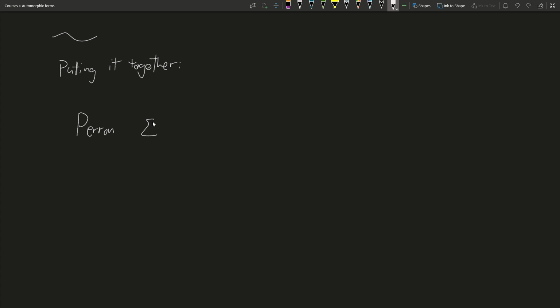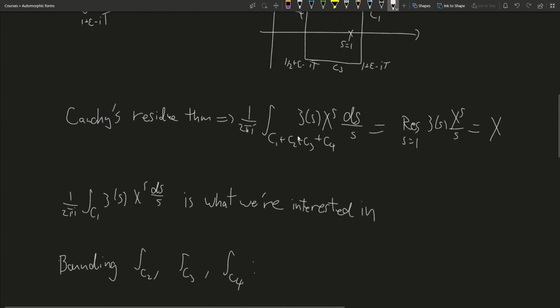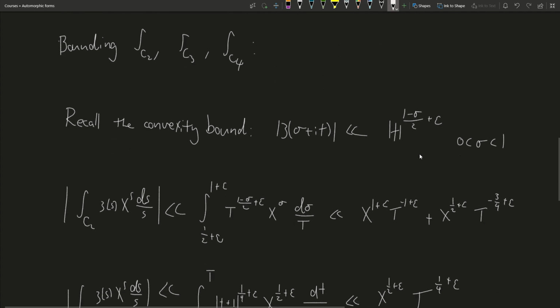The thing we're interested in, the sum over n less than x of 1, was equal to 1 over 2 pi i times the integral along C1 of zeta of s, x to the s ds over s, and then the error term Perron's formula gives us is x to the 1 plus epsilon over t. And from Cauchy's residue theorem, we get that the integral along all the parts is x.